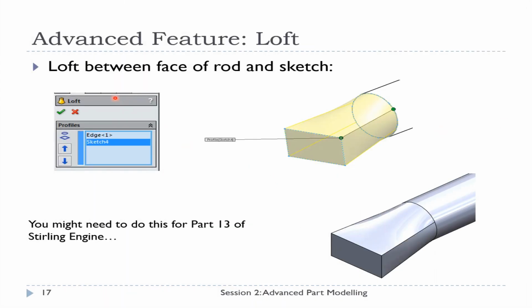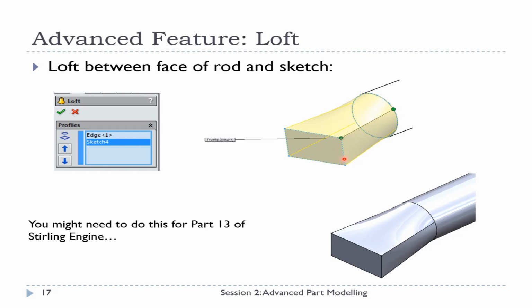So once we select the loft tool from the features, we can select the profiles that we want to blend. So in this case, it's going to be the edge of the cylinder and the rectangular sketch that we created. So once we made this selection, we can see the preview, how SolidWorks is blending two profiles.